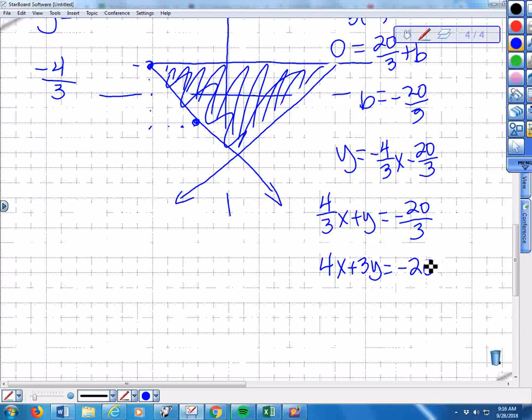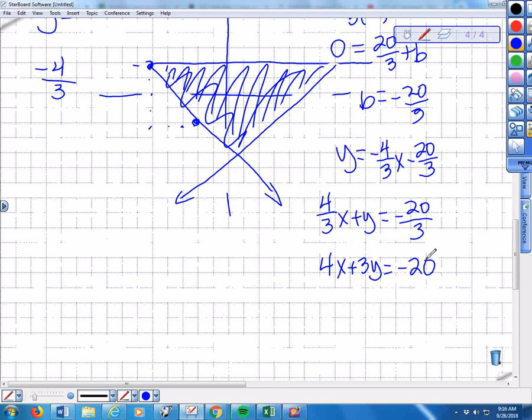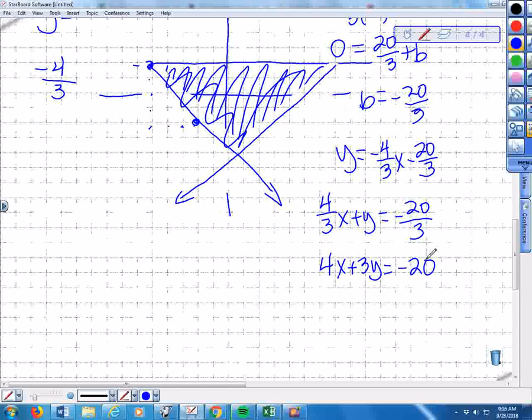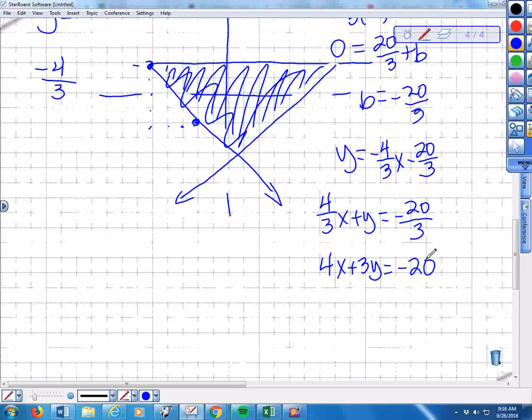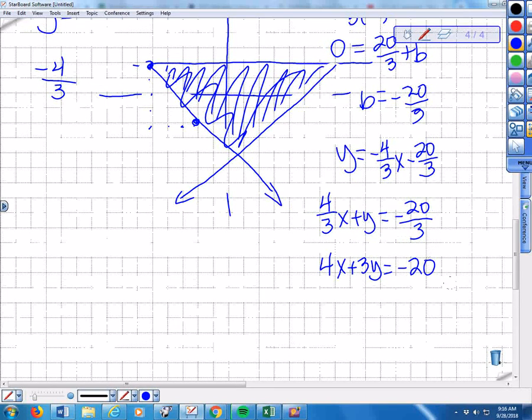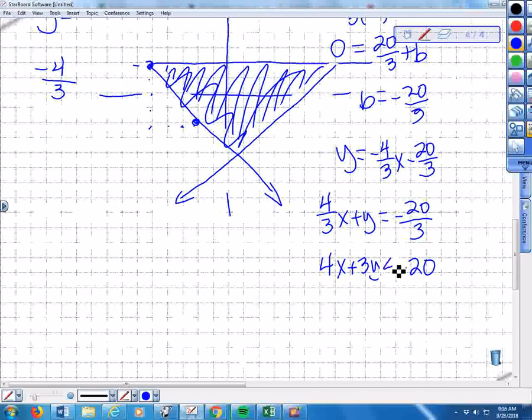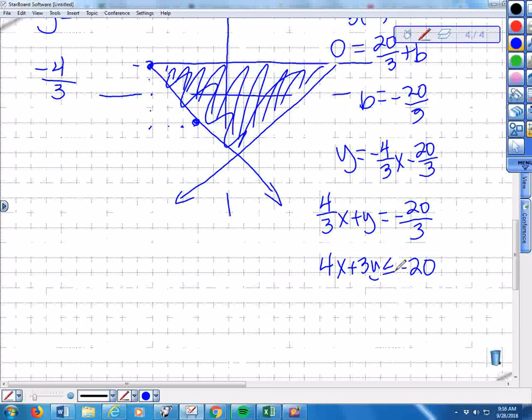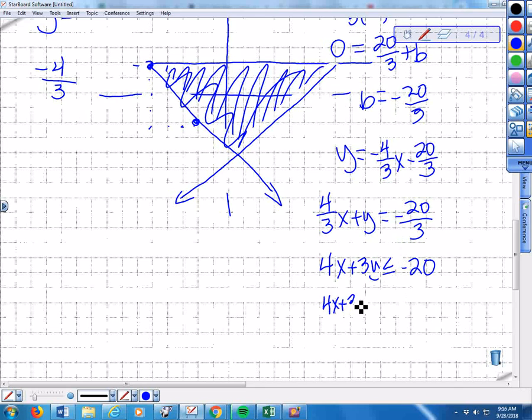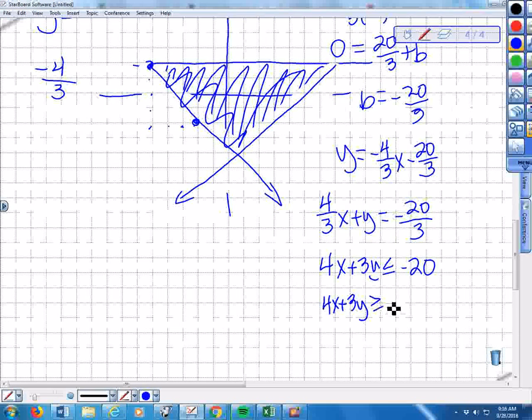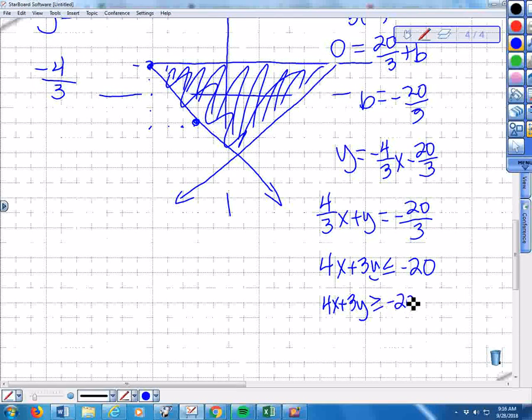Okay, so now I've got my equation. Once you've got your equation, you're going to have two possibilities. It's either going to be 4x plus 3y is less than or equal to negative 20, or it's going to be 4x plus 3y is greater than or equal to negative 20 on your choices in this problem.